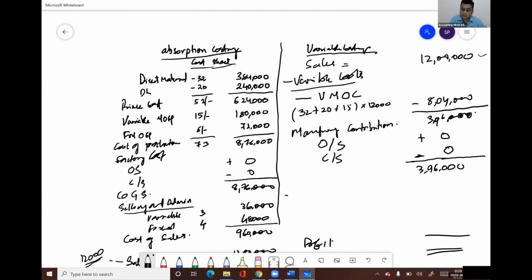Variable manufacturing cost is 8,04,000. Plus opening stock minus closing stock. If you do, then you will get manufacturing contribution.